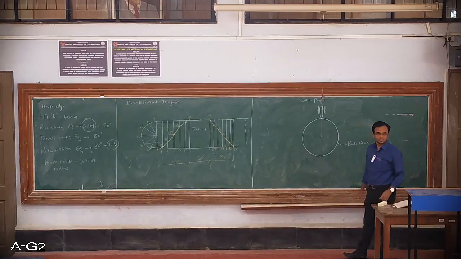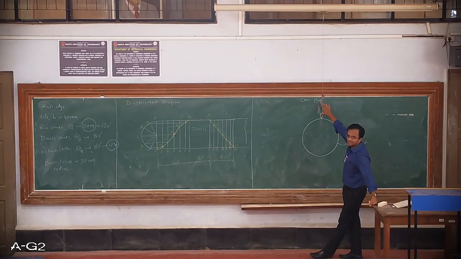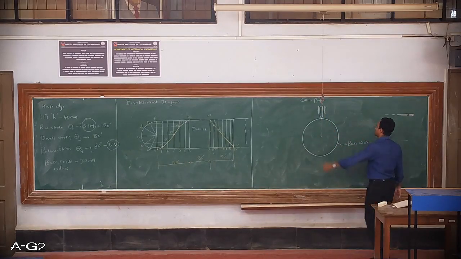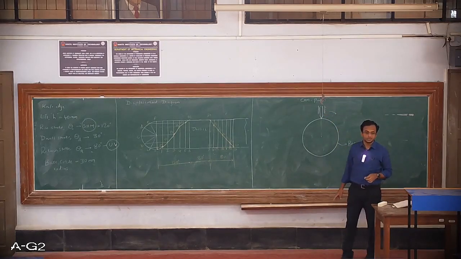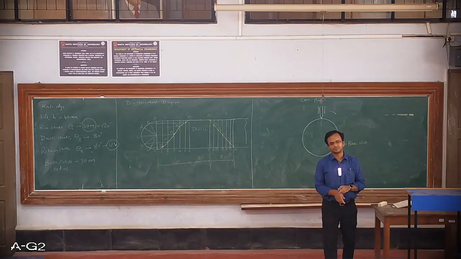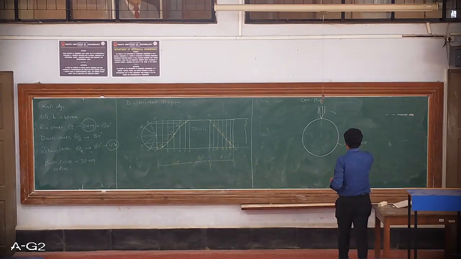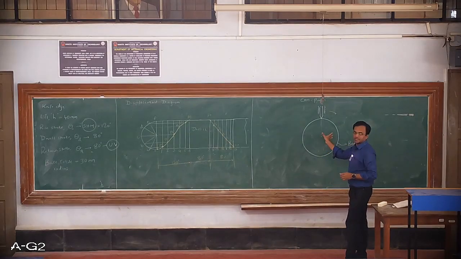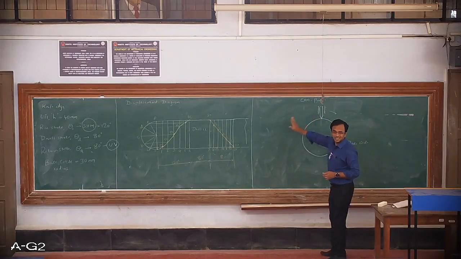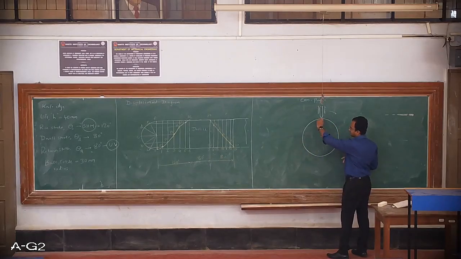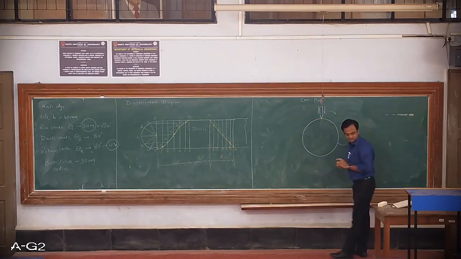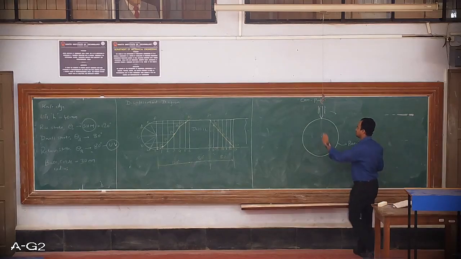I'm assuming that the knife edge is initially at this point, and that the cam profile will rotate in the clockwise direction. If the cam rotates clockwise, its rise stroke will start from the left side. As it rotates, it should have a rise stroke, something like this. I'll just draw an approximate curve.